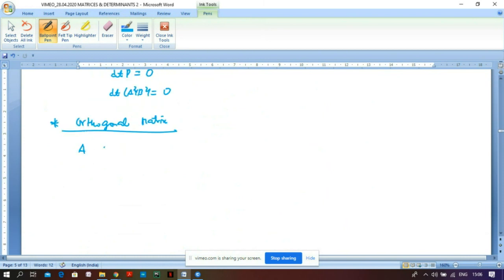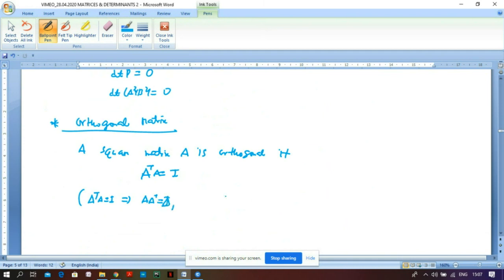So we define that a square matrix A is orthogonal if A transpose A equals I. A transpose, usually you know, is the transpose of A, where you change rows to columns and columns to rows. And of course we know that A transpose A equals I.